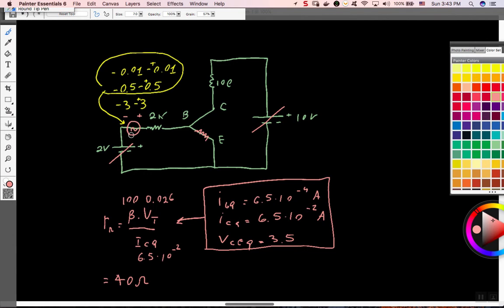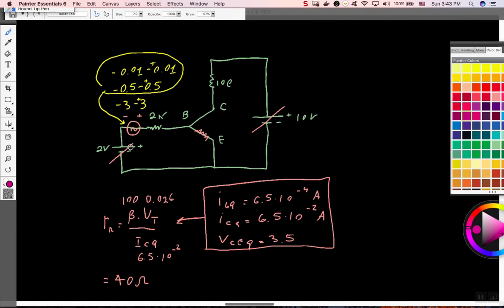Now the slightly difficult part comes, unfortunately. Okay, so now we want to analyze the circuit based on what the small signal sees.